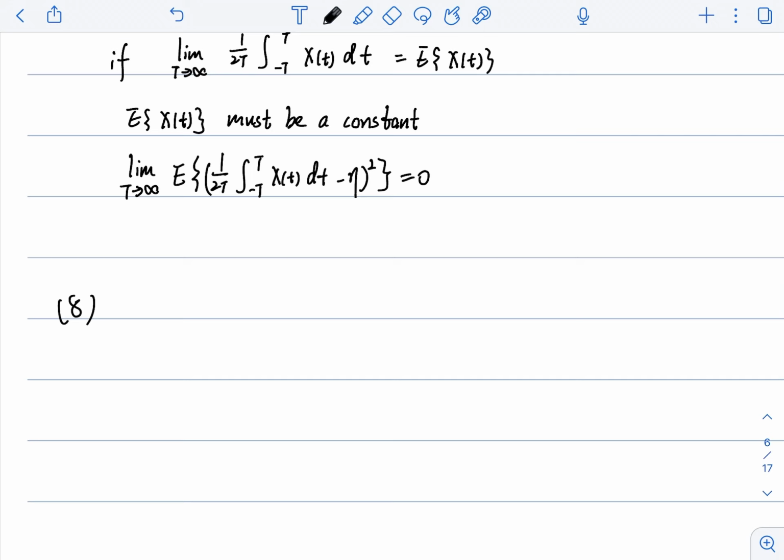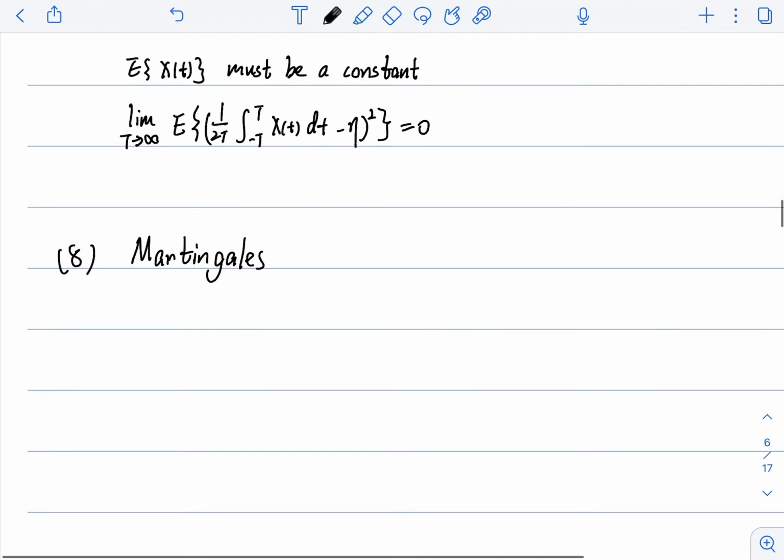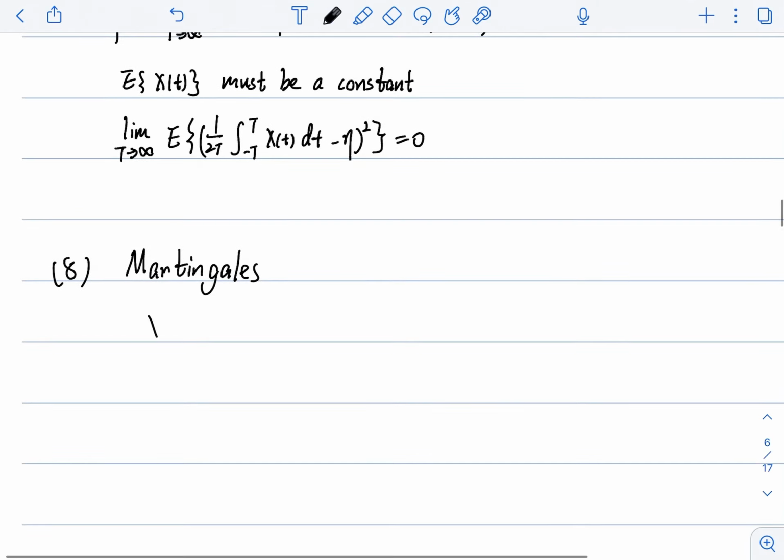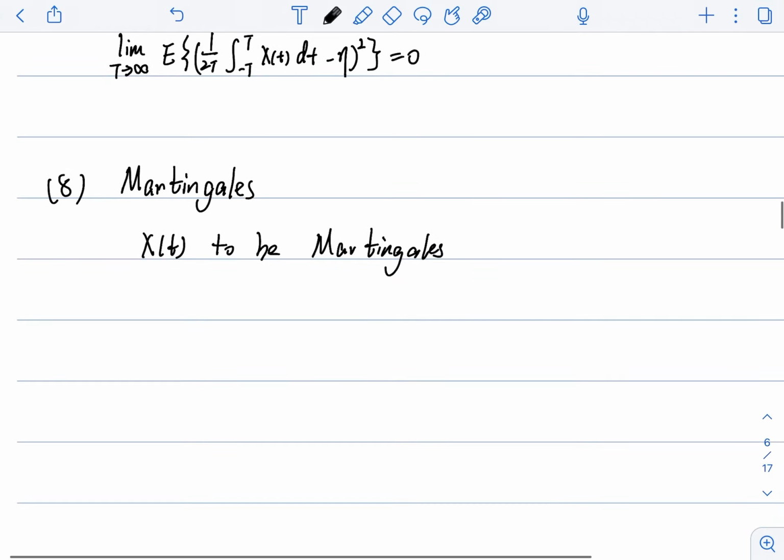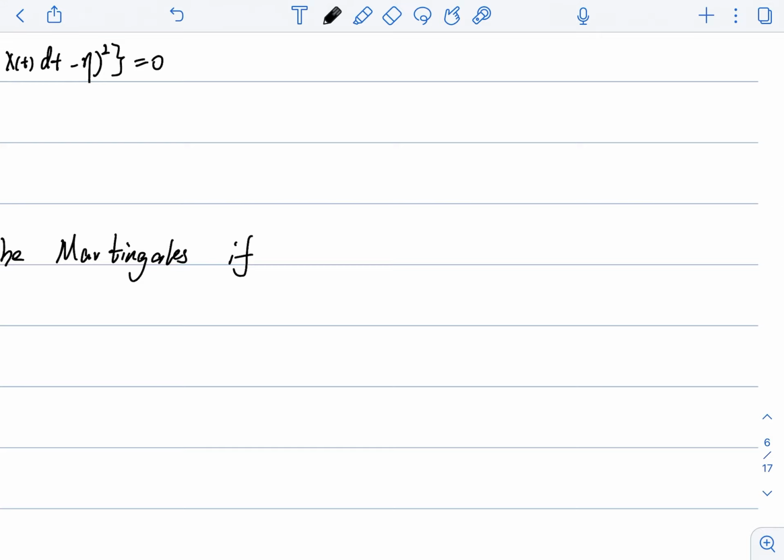Finally, let's see the martingales. A process X(t) is said to be a martingale if the expected value of X(t) under the condition X(s) equals x1 is equal to x1, where s is less than t.